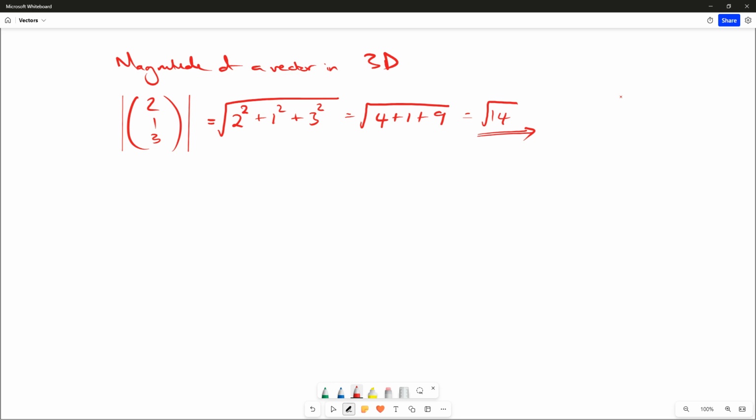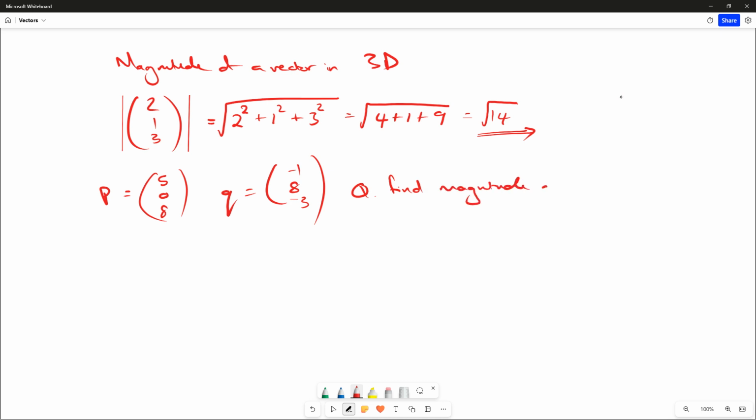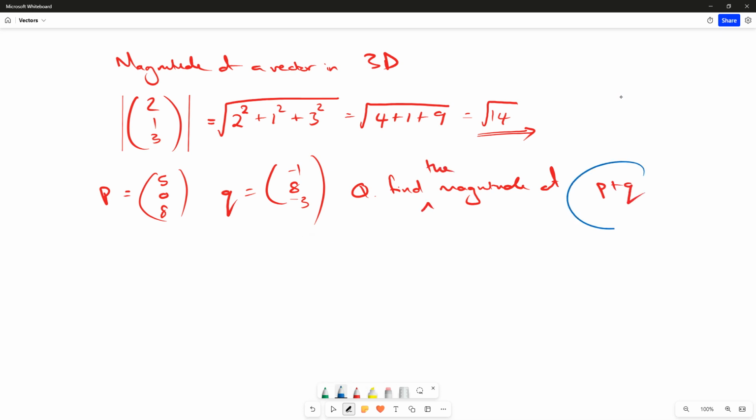Magnitude. If I'm given vector P is equal to 5, 0, 8, and I'm given vector Q is equal to -1, 8, and -3, and the question says find the magnitude of P plus Q. Then all I have to do is add it first to get 4, because 5 minus 1 is 4, and 0 plus 8 is 8, 8 minus 3 is 5.